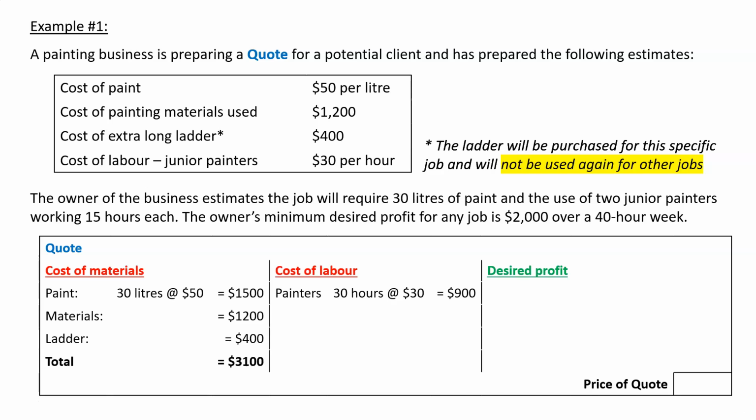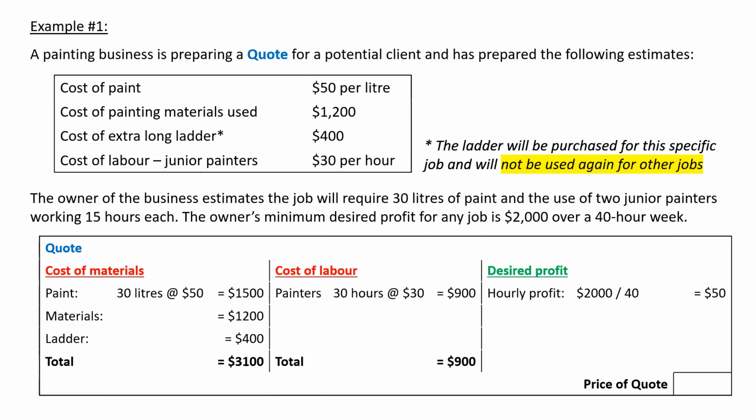Next, the cost of labour. We're going to use 2 junior painters and they're going to work 15 hours each, so that's a total of 30 hours. They make $30 an hour, so that comes out at $900, and there are no other labor costs. Our desired profit, it says the business for a 40-hour week attempts to make a profit of $2,000.